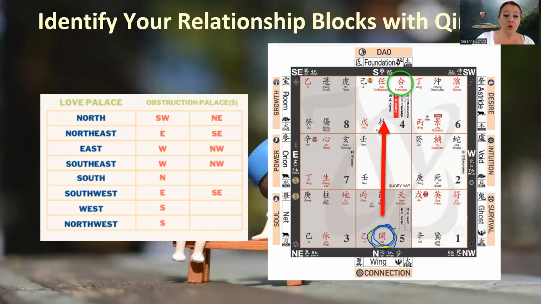Now, the delusion door, if you have that in your obstruction palace, this one indicates a lot of trust issues. Yeah, so maybe there's not a lot of communication in the relationship. Maybe you don't trust your partner enough to discuss certain things that trouble you or things that are important to you.